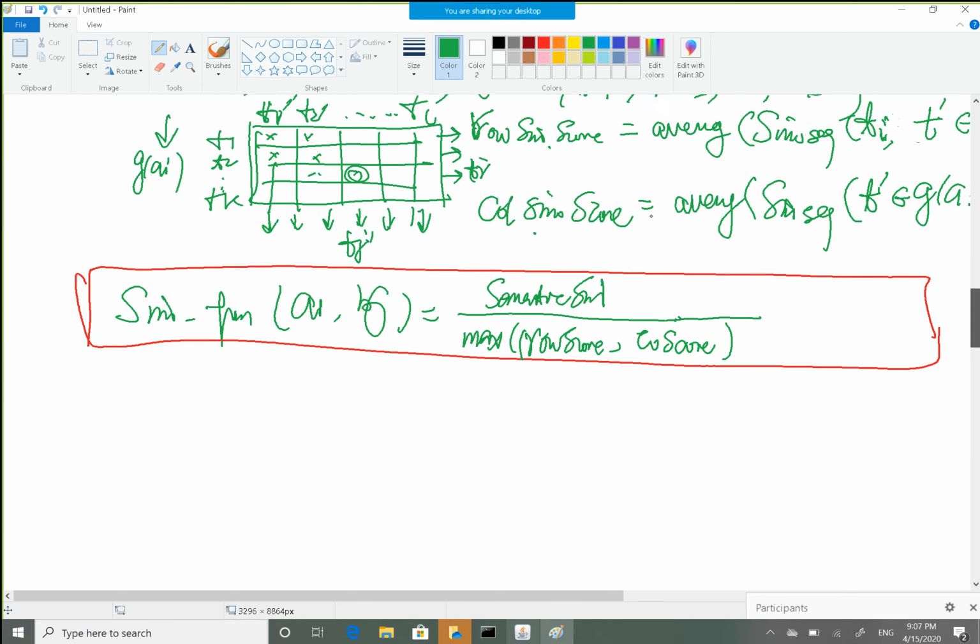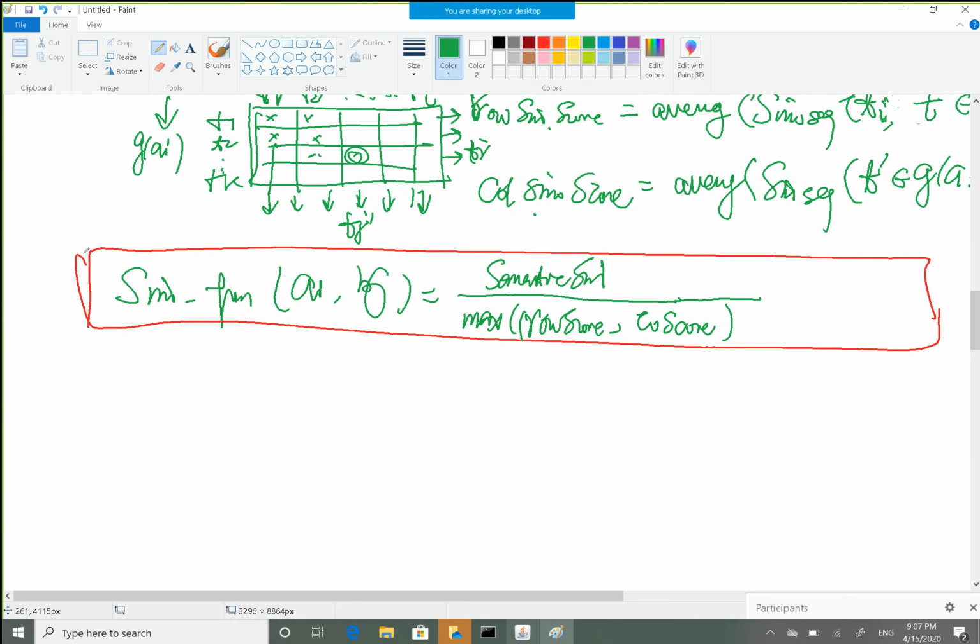It's clear, right? And then they also think about S, the sequence similarity, S sim.